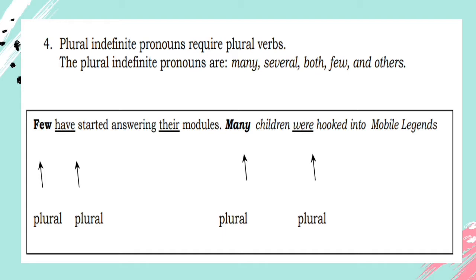Plural indefinite pronouns require plural verbs. The plural indefinite pronouns are many, several, both, few, and others. They are plural indefinite pronouns because they pertain to more than one.